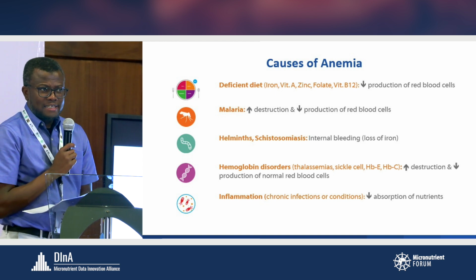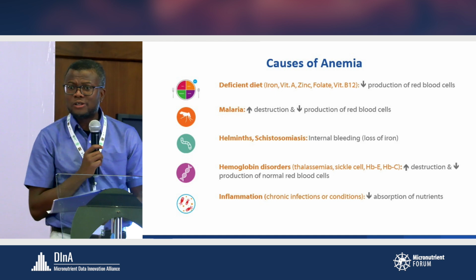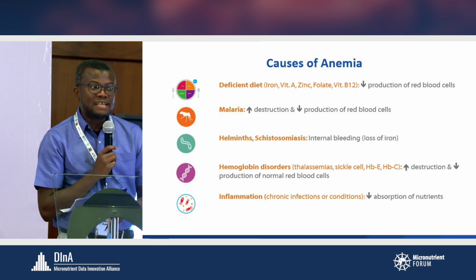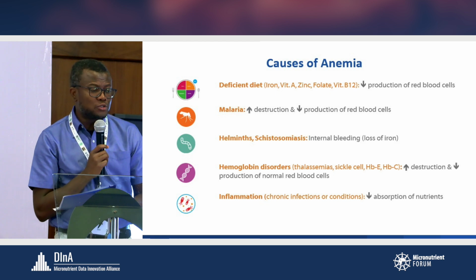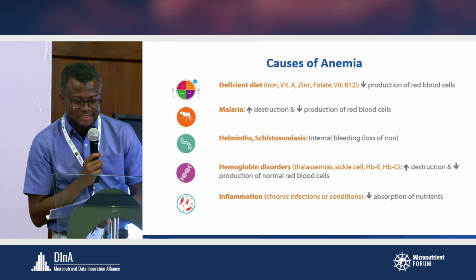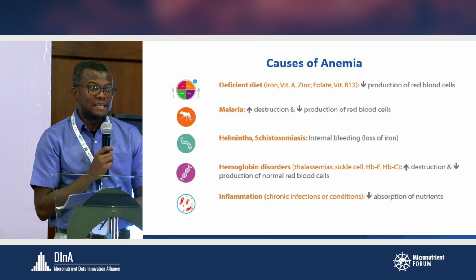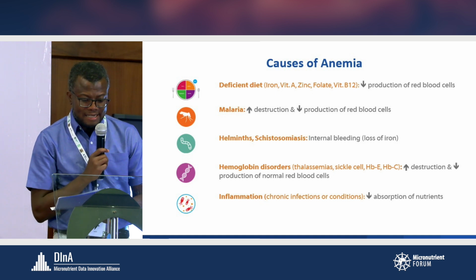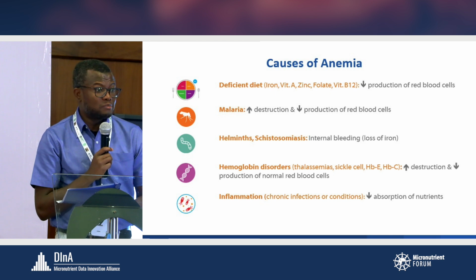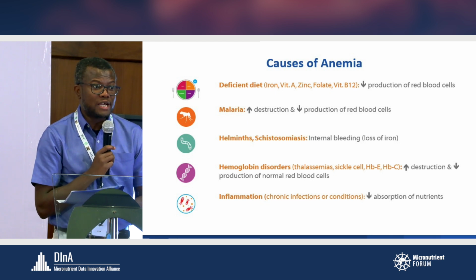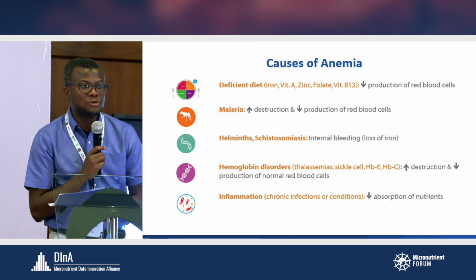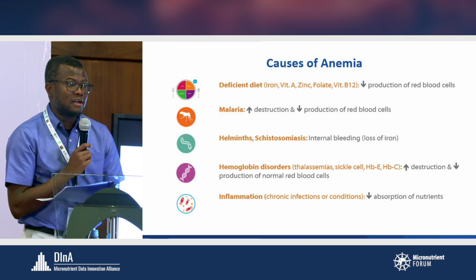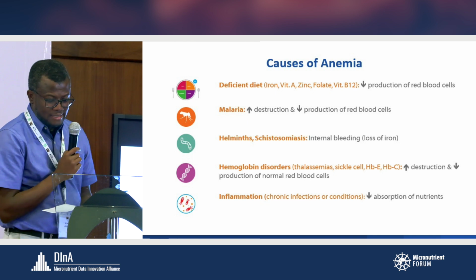This captures the ecology of individuals. Diet is the environment, the food systems, what it provides. Infection is infection in the environment. And then genetics is how we are born, our genetic constitution. So if one is to look at predictors of anemia, one needs to look at these dimensions.